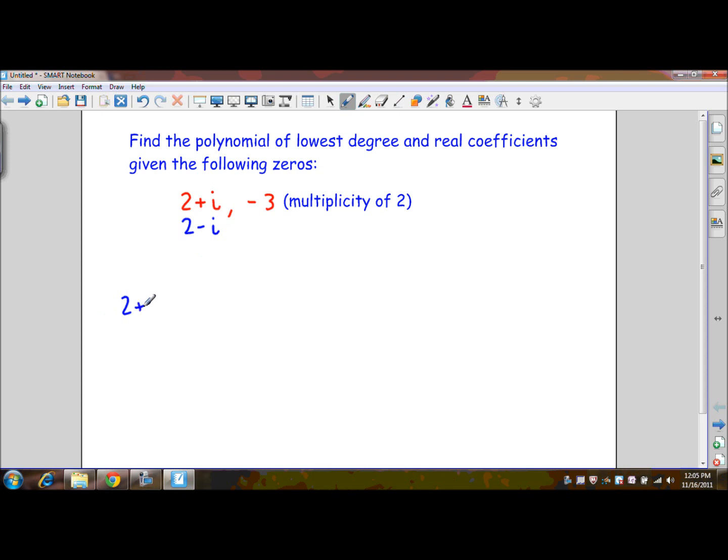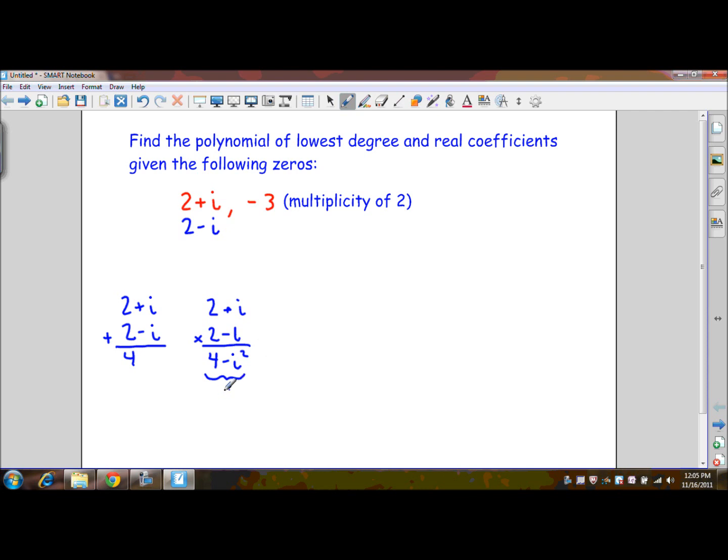So remember, I need to find the sum and I need to find the product of those zeros. If I add them, I get 4. If I multiply them, let's see what we get. Remember, we just multiply straight down because since they're conjugates, the middle terms will cancel.